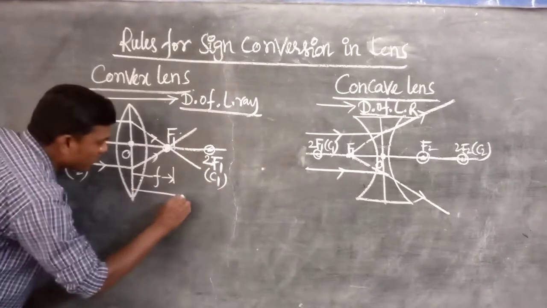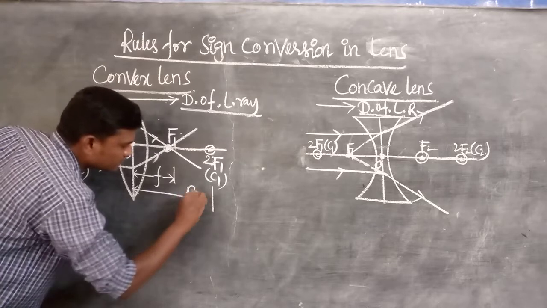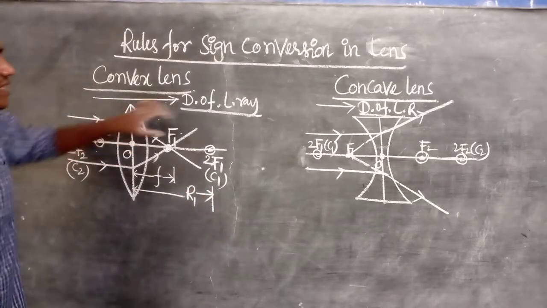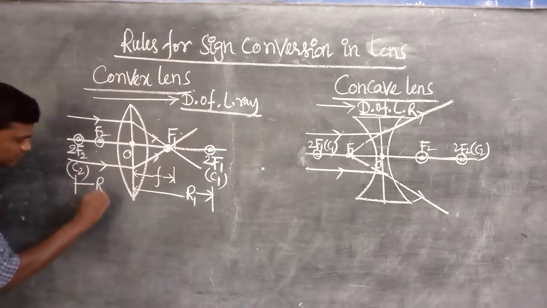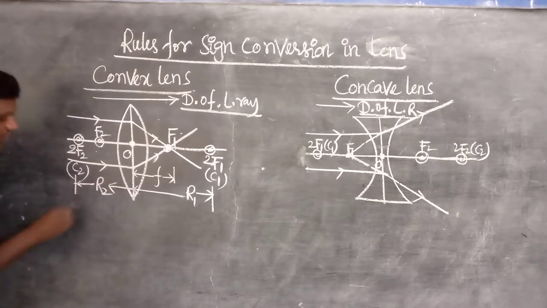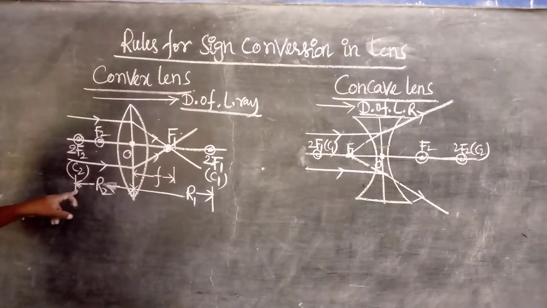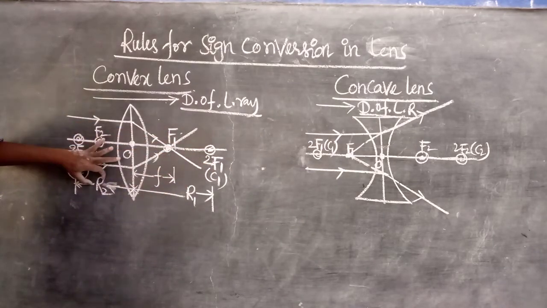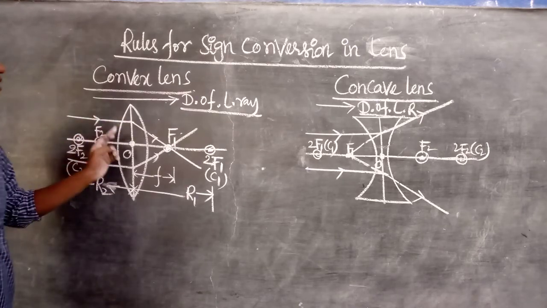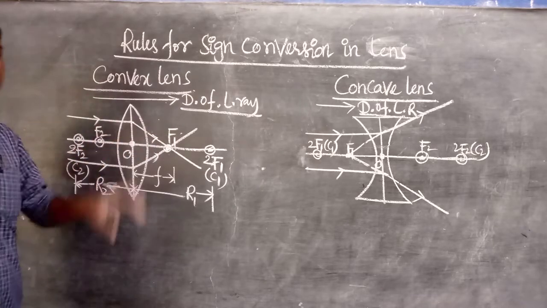Next, the distance from the optic center to the center of curvature of the first surface is R1, and in the same way the distance from the optic center to the second center of curvature, 2F2, is R2. So in total there are three: focal length, radius of curvature 1, and radius of curvature 2. Because the light is refracted at two curved surfaces, you must consider the two radii of curvature.